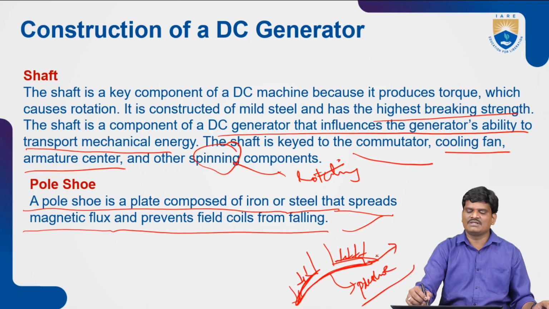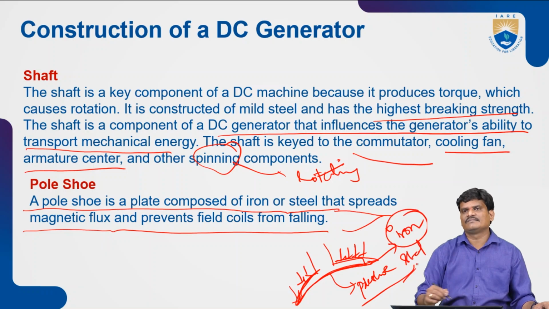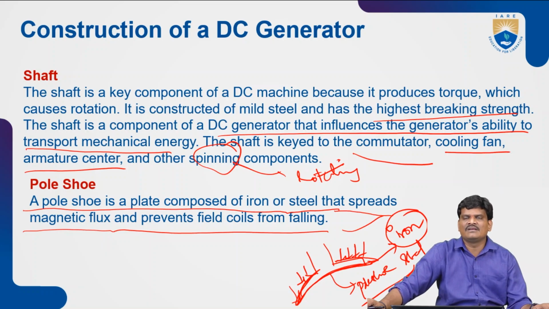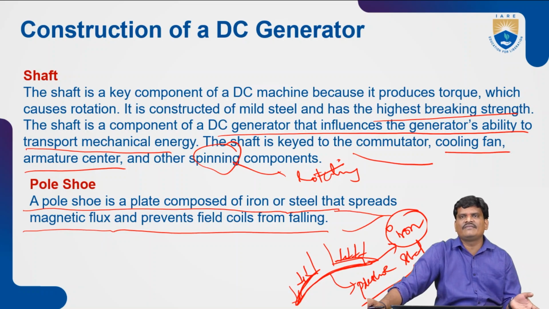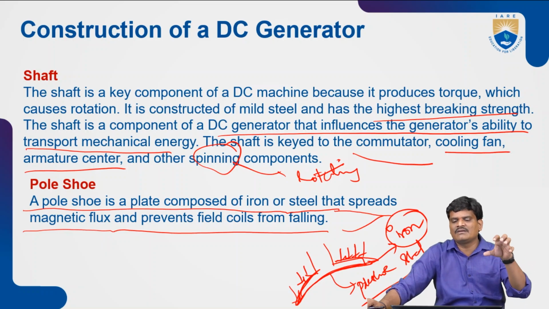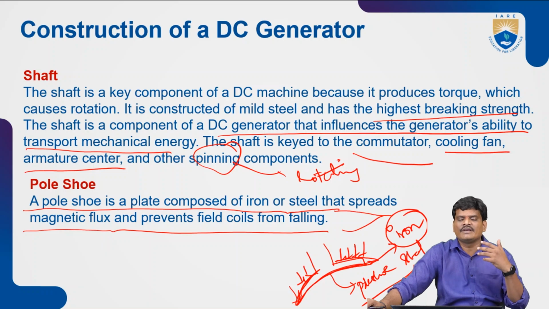It can be made up of iron or else of steel. Just in order to prevent the field coils from falling and to spread the magnetic flux in a uniform way in that machine, we use this pole shoe.